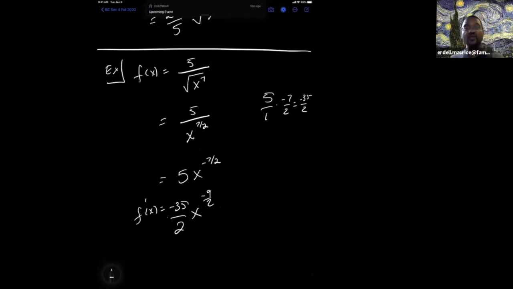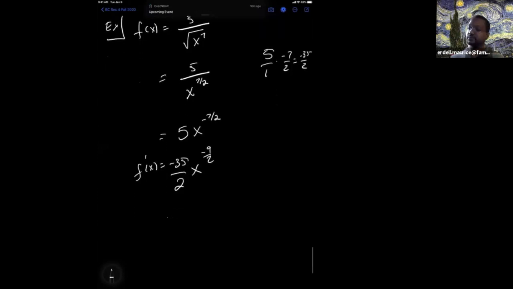And just like before, I now need to unwind the equation. Negative 35 over 2, x raised to the positive 9 over 2. When I move the x to the denominator, the 2 is already there, so it meets up with the 2, but then the power on the x changes.